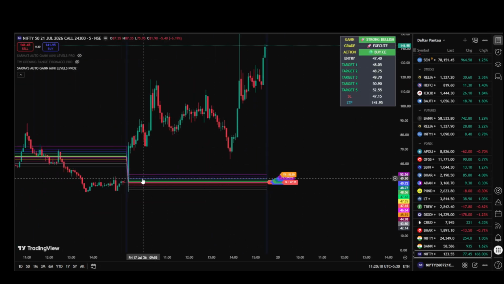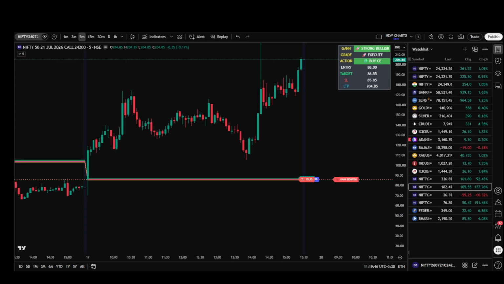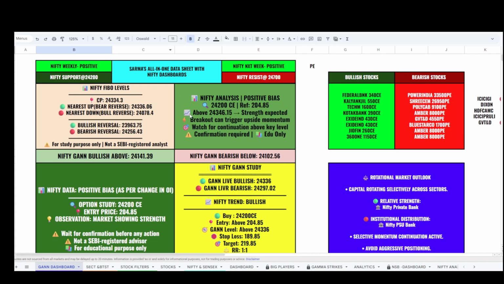Very clearly it is mentioned it is above that. Once you know the entries, you can use your own calculators, or you can fix the targets and everything on your own.